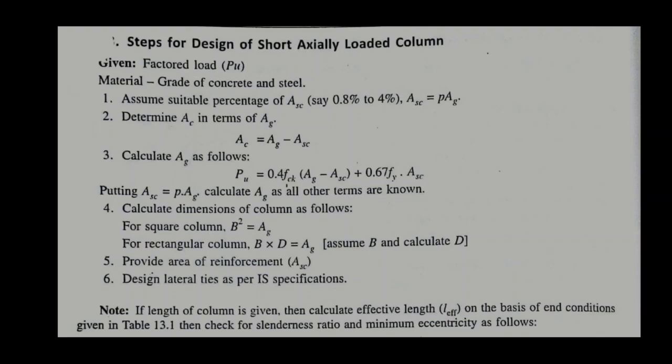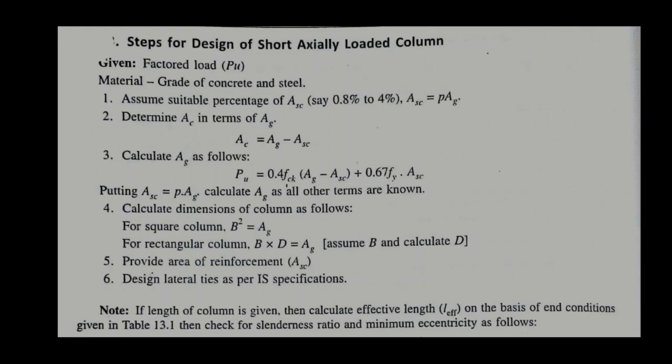Now determine Ac in terms of Ag. So Ac means area of concrete, which is definitely in between Ag. So Ac equals Ag minus Asc. You can write it. Now calculate Ag as follows.